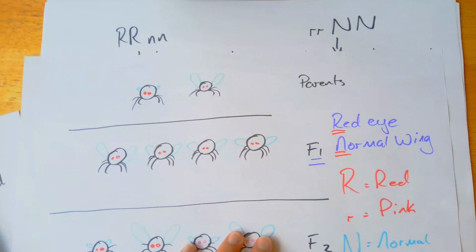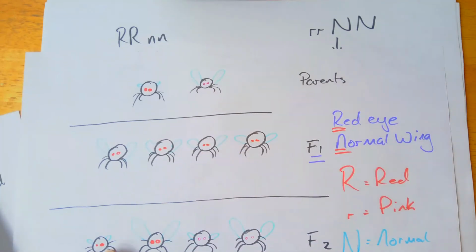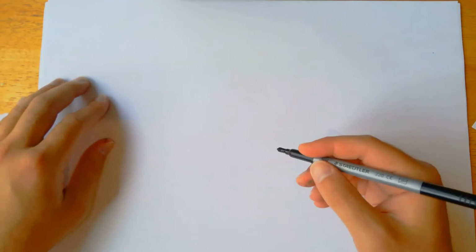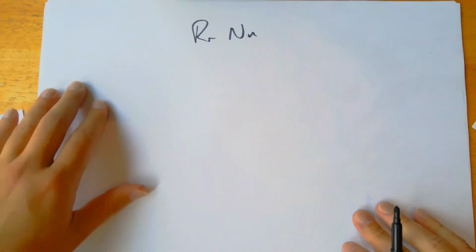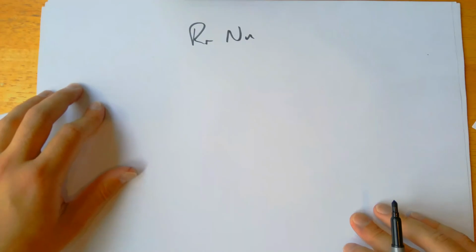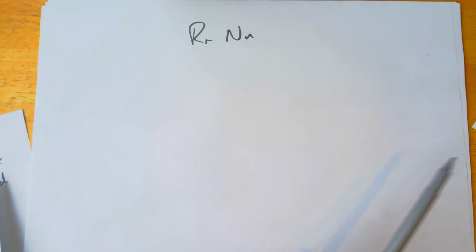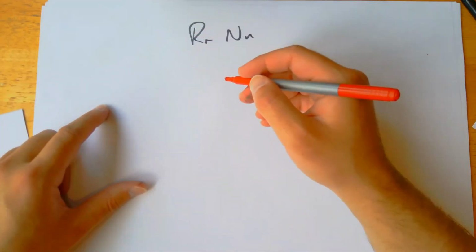Now the next thing that they do though is they get two of these and interbreed them, which means we're going to have slightly different gametes. We're going to have our red-eyed, normal-winged male crossing with a red-eyed, normal-winged female. We need to figure out what the possible genotypes are for the gametes.